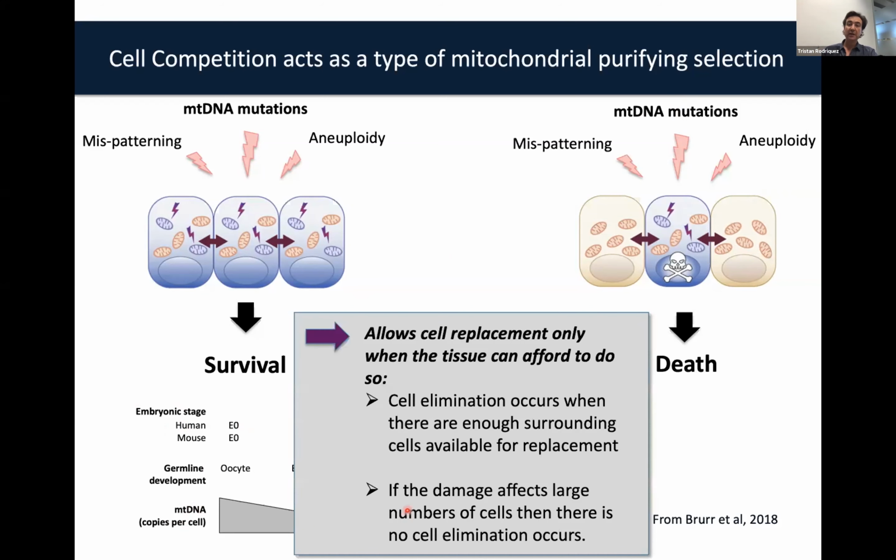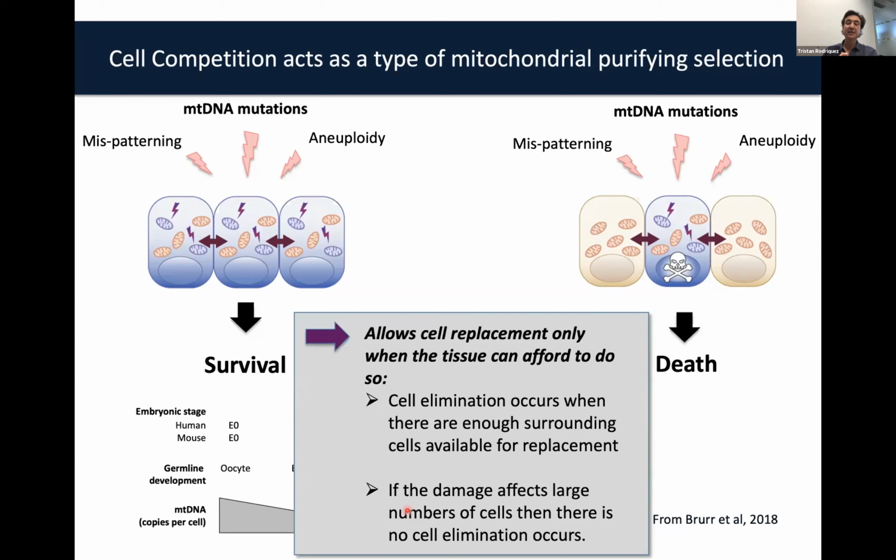So one last thought: I think one way of thinking about cell competition is that it's acting as a community effect, because it allows cell replacement only when the tissue can afford to do so. For example, when there are enough cells around to effect cell replacement, then cell elimination occurs.